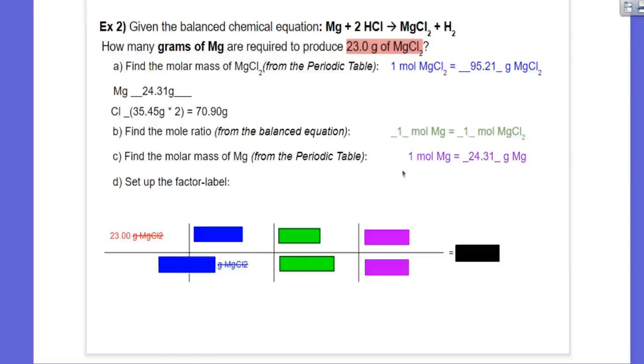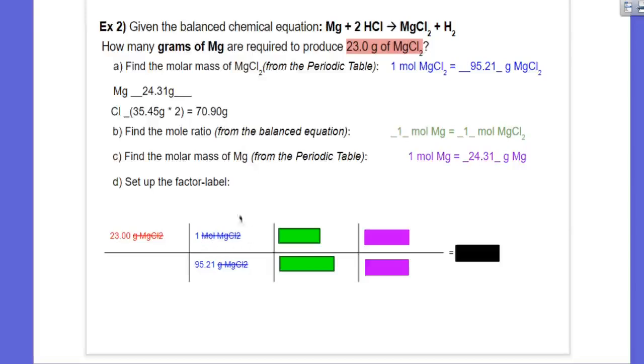My only equivalency with grams of MgCl2 is equal to moles of MgCl2. And then I'm going to take the values from that equivalency statement. I have 95.21 grams are equal to my 1 mole.